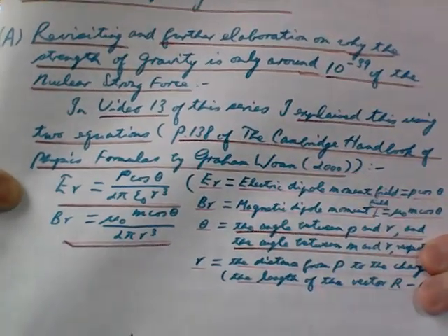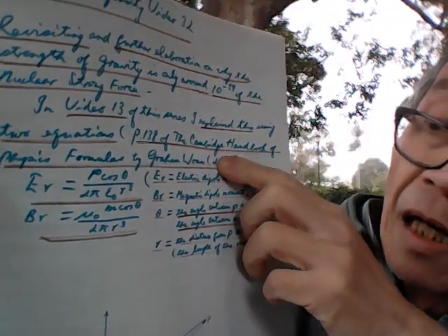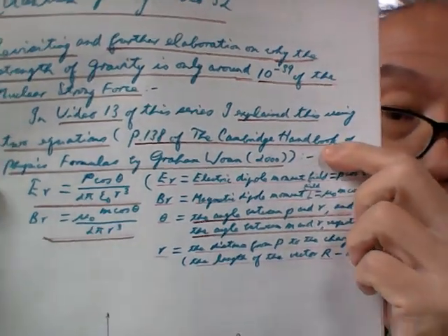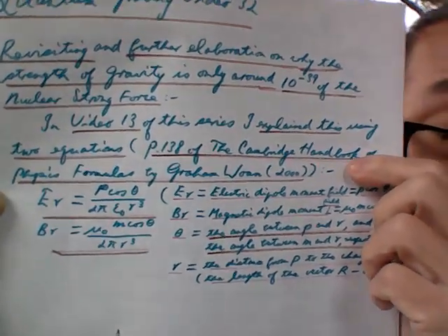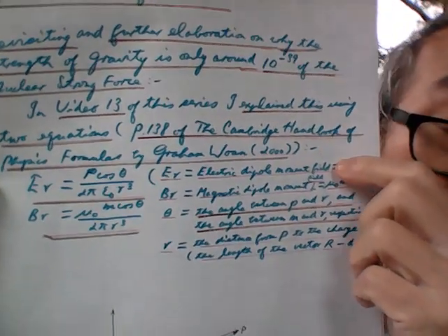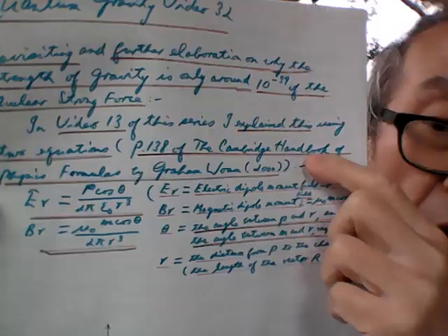This equation appears in the Cambridge Handbook of Physics Formulas. Of course, it's just a collection of formulas by the author, but it has come from some original author. The original author is of course Professor Feynman.